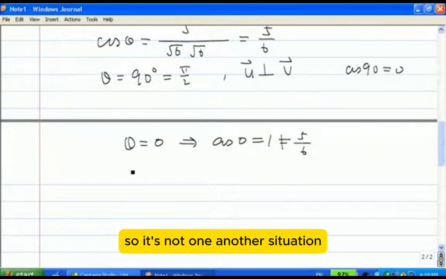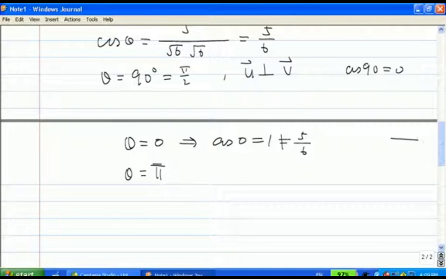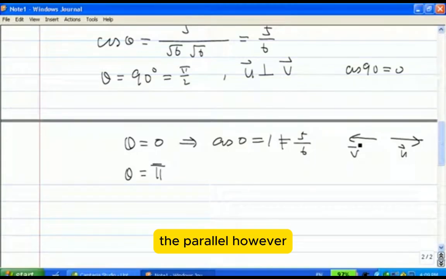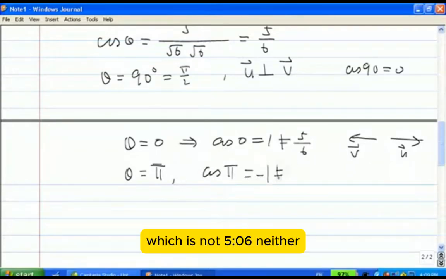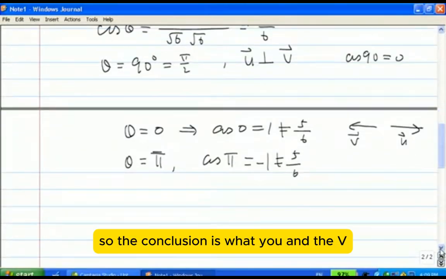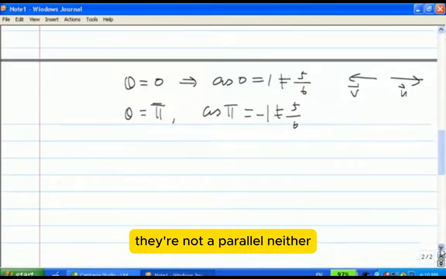In the other situation, U and V are parallel with opposite directions, which means theta equals pi. U is here, V is this. However, if theta equals pi, then cosine pi gives you minus 1, which is not 5 over 6 either. So the conclusion is that U and V are not perpendicular, and they're not parallel either.